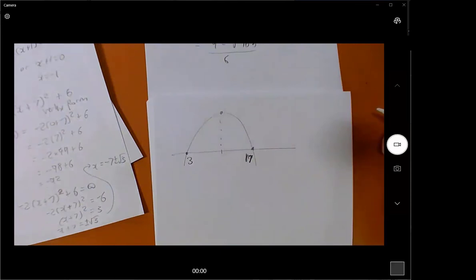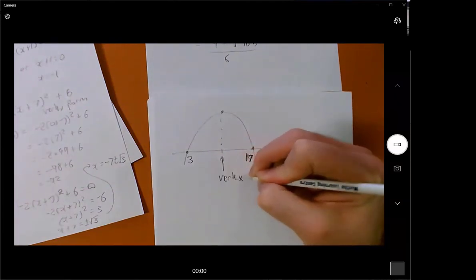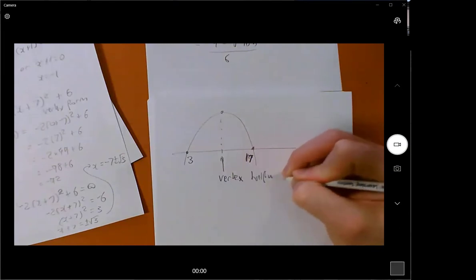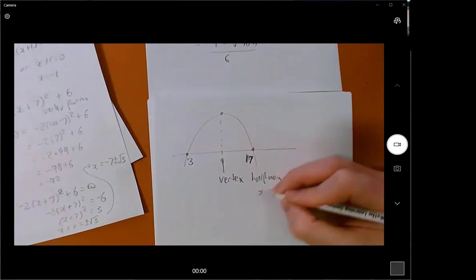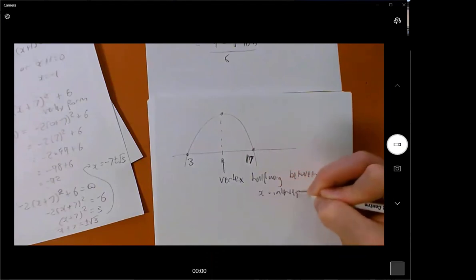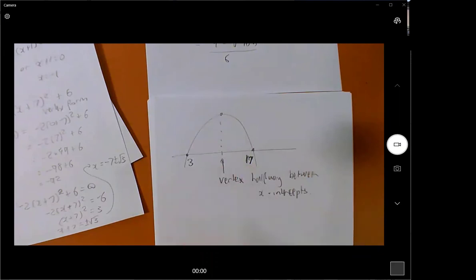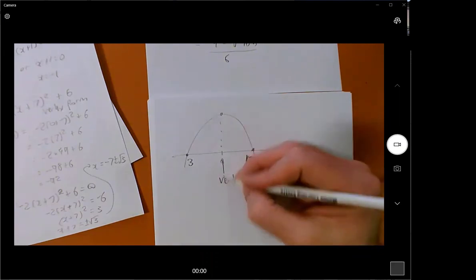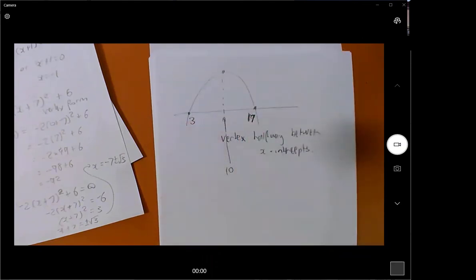It's perfectly symmetrical, and so from 3 to 17 would be 14, and so we go up 7, so this would be 10 in the middle, which you can do by adding them together and dividing by 2 if you want.